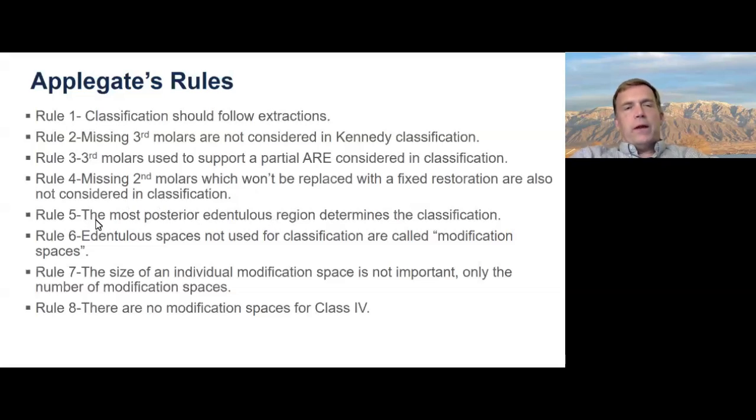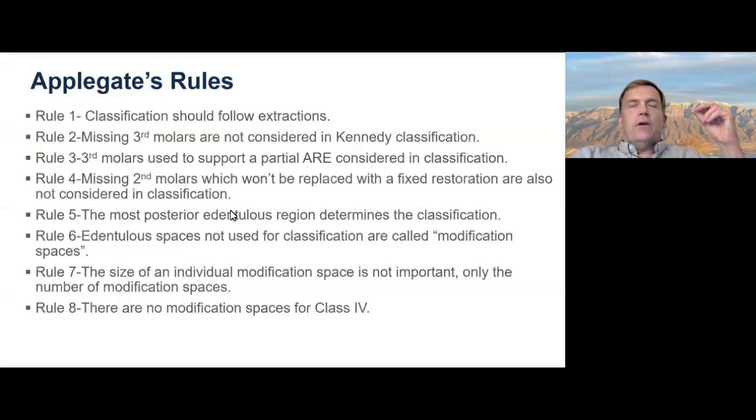Rule 5 is really important because sometimes we'll have cases that look like, oh man, is it a class 1 or a class 4? What we want to realize is, because of occlusal force and the like, where the most posterior space is determines what classification it is. We'll talk about that on the next slide that's coming up.